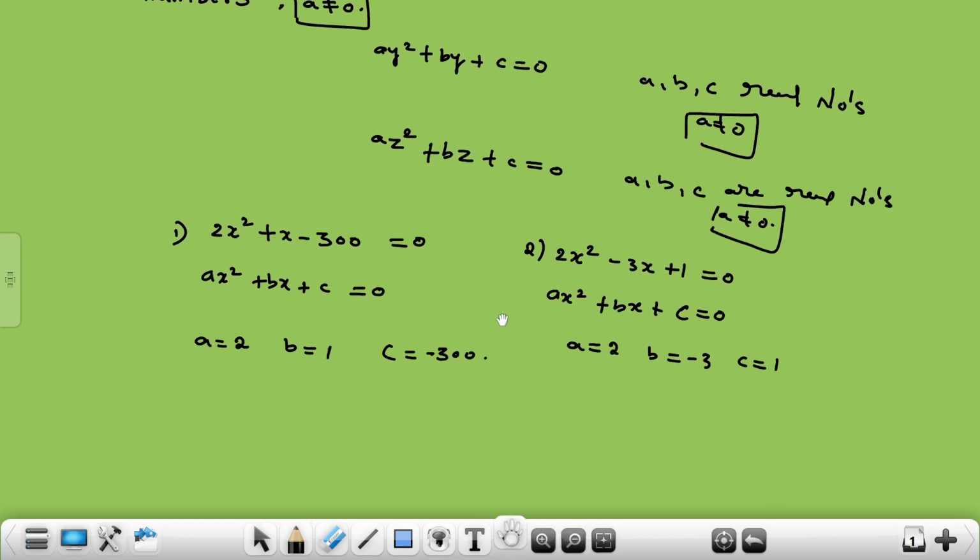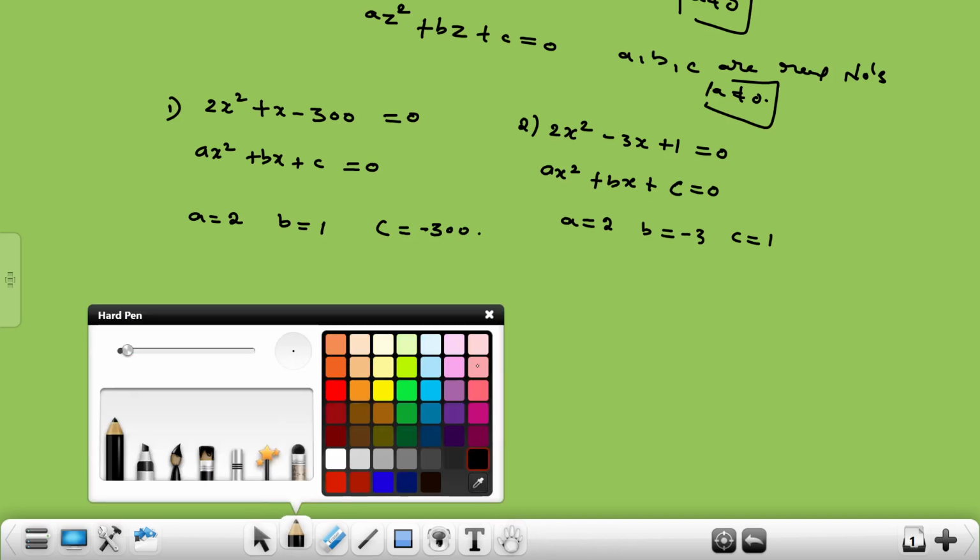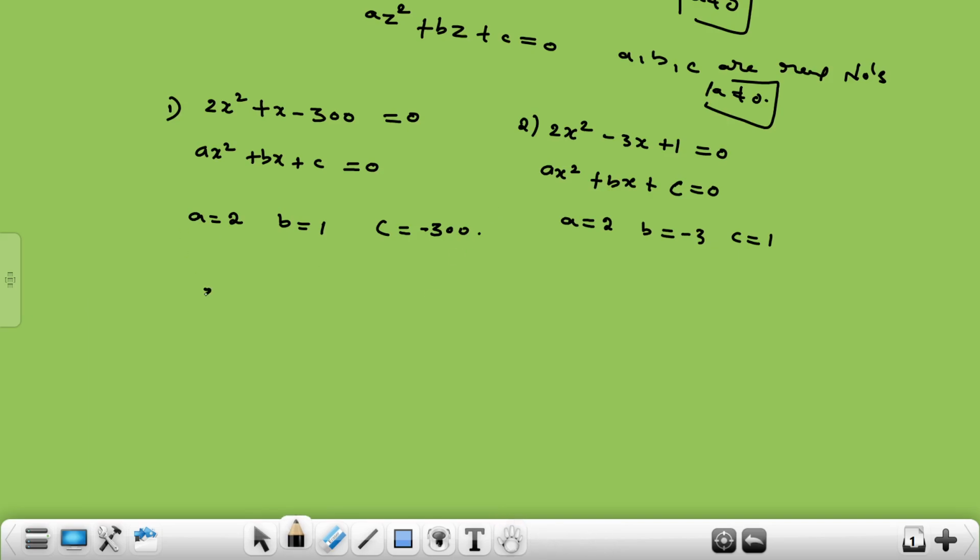Let us see one more example for the quadratic equation. So third example: 1 minus x square plus 300 equals 0.